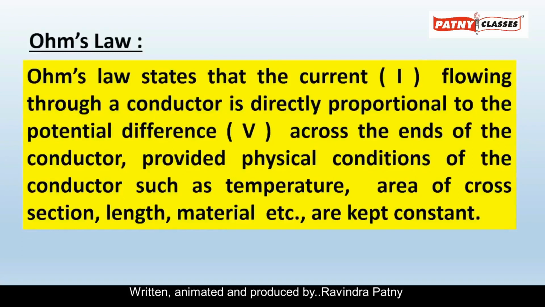Ohm's law states that the current flowing through a conductor is directly proportional to the potential difference across the ends of the conductor, provided the physical conditions of the conductor such as temperature, area of cross section, length, material, etc. are kept constant.